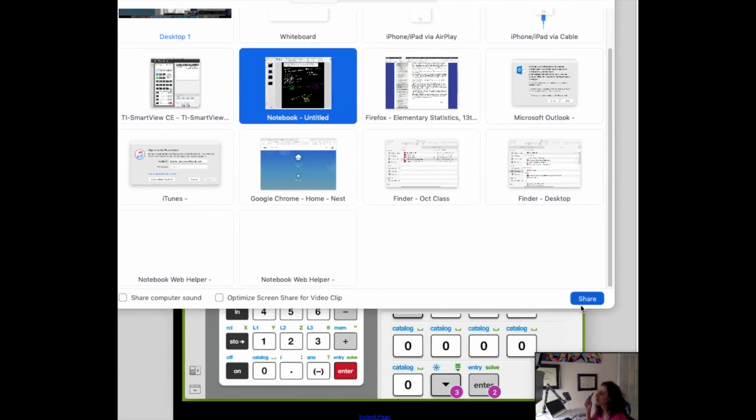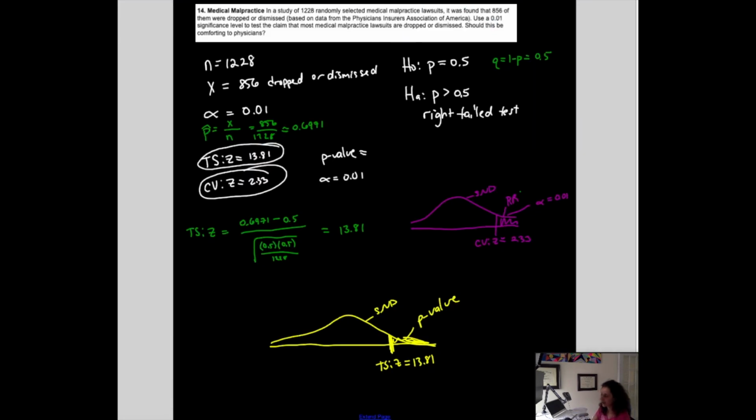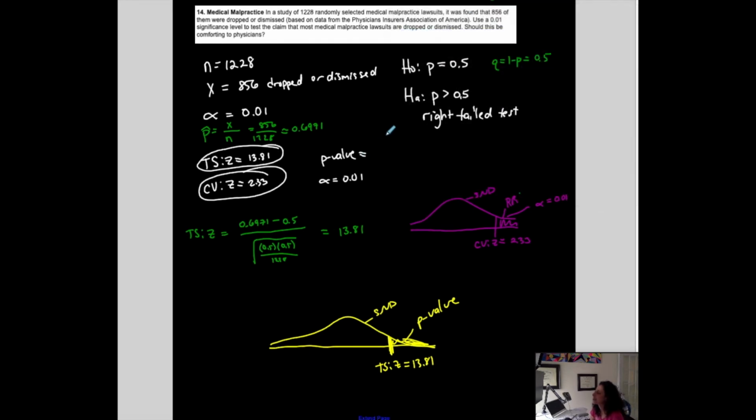Is that fair? Move the decimal point to the left 43 places. So the p-value is approximately 0, which makes sense because if you look at your test statistic, it's really big. This is not an accurate drawing because the test statistic should be all the way over here in the right tail with a tiny, tiny bit of area to the right. That's why the p-value is so small, because the bulk of the area is within 3 standard deviations. This is 13.81 standard deviations away from the mean. This is a really big z-score, a big test statistic.